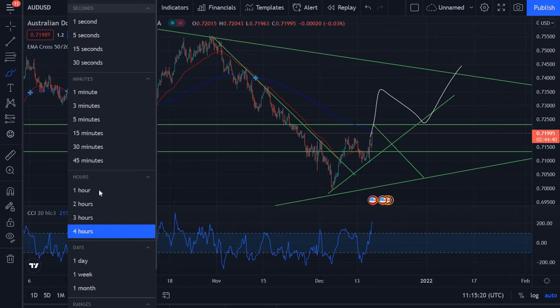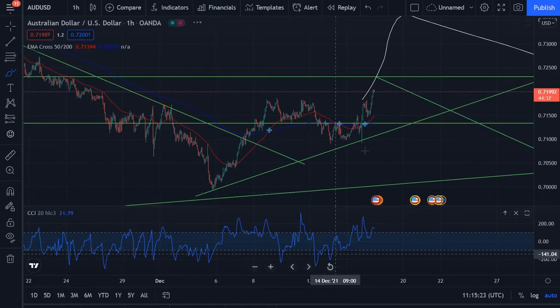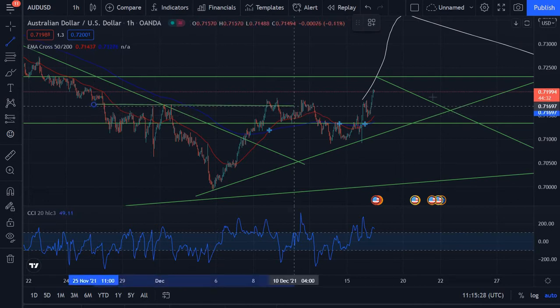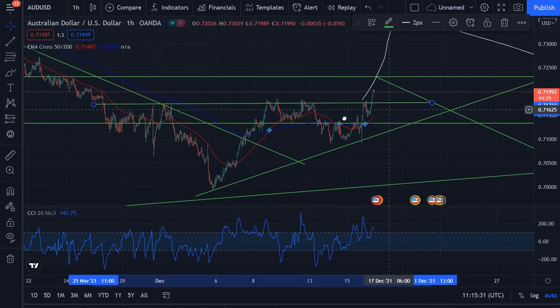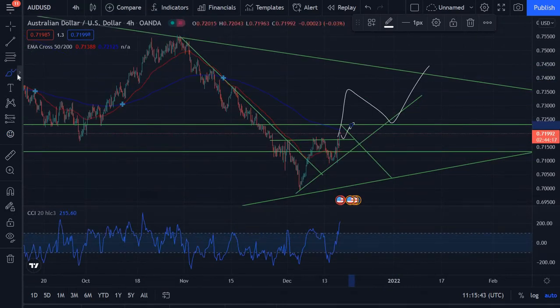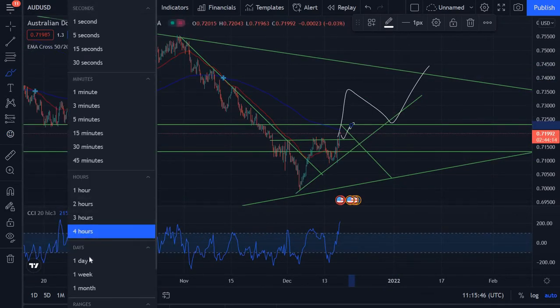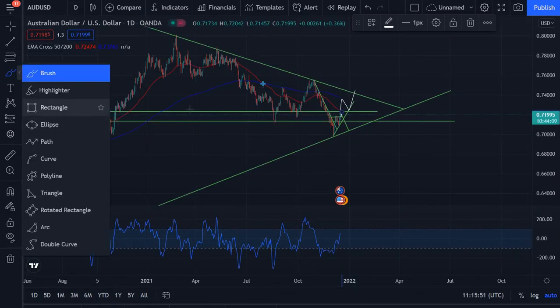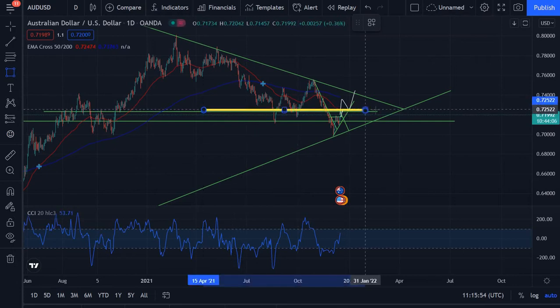So taking a look at the 1-hour chart for now, we are kind of breaking this zone here, which means we could see here retest, and then it looks like we will here then go to the resistance zone here on the daily and 4-hour chart, which I will here mark in a little bit of a different color, which will be this zone here.